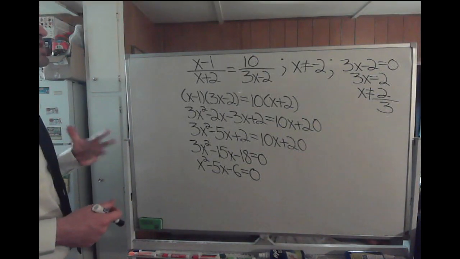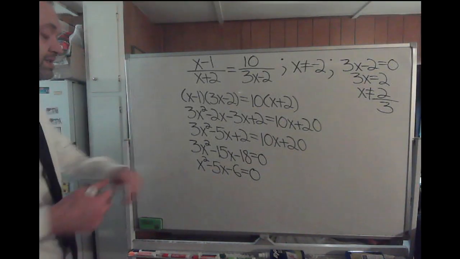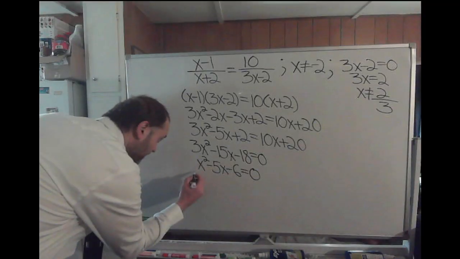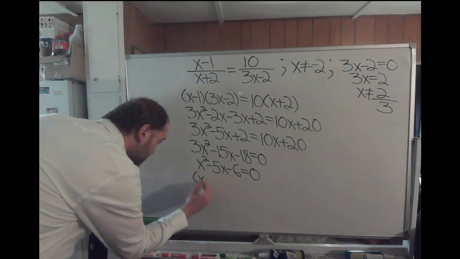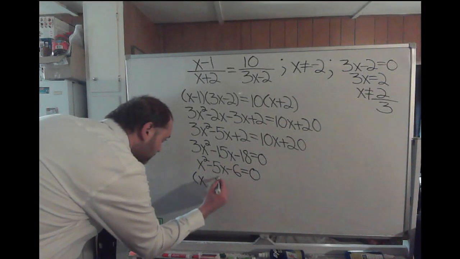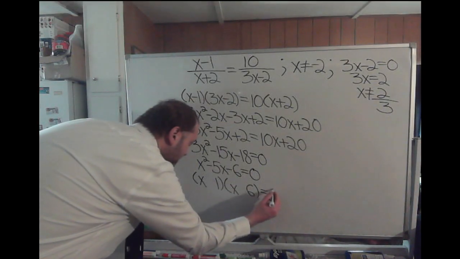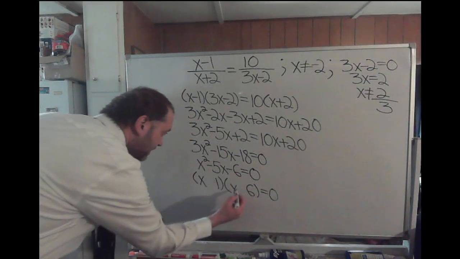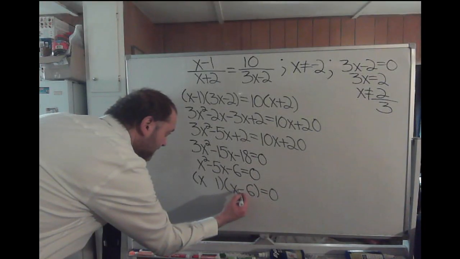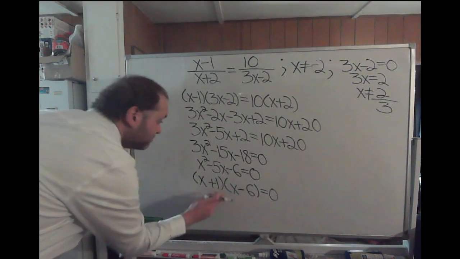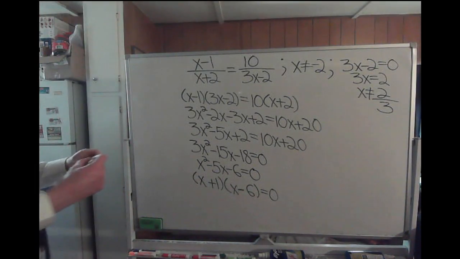Now we need to try to factor this. Let's see what we can factor, and I think I have a good idea. This is going to be x and 1, and then x and 6, and then what order should this go in? Let's see, this would be minus 6x plus x would be minus 5x minus 6. Okay.